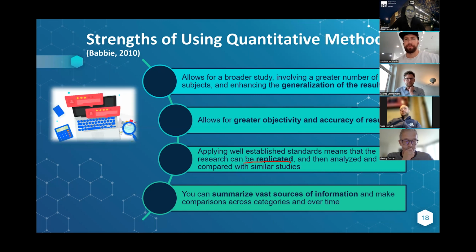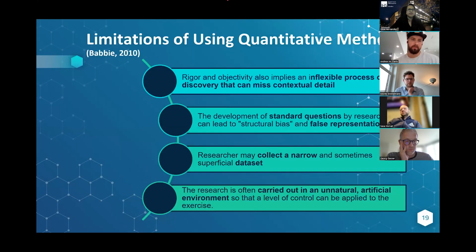So this approach is also very useful in order to summarize vast sources of information and make comparisons across categories and over time. So these are the strengths of quantitative methods.